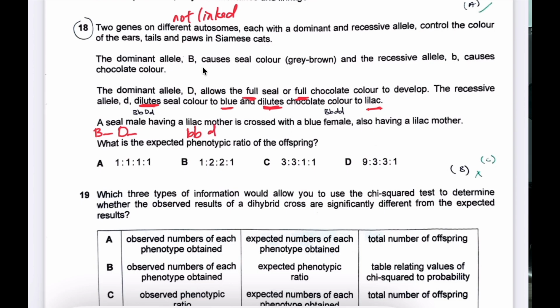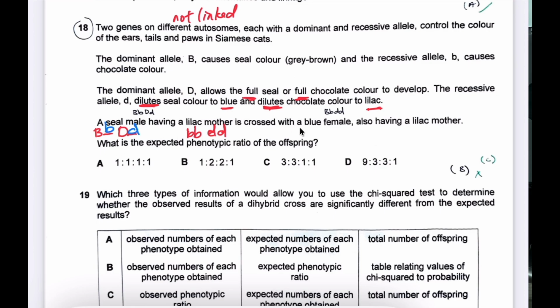So you must have two d because it's recessive. It must have two d in order to give the phenotype. Okay, so the lilac mother, done. Seal will be like this. So it's a seal male having a lilac mother. If this is the mother, the mother would have contributed this and this to the seal male.